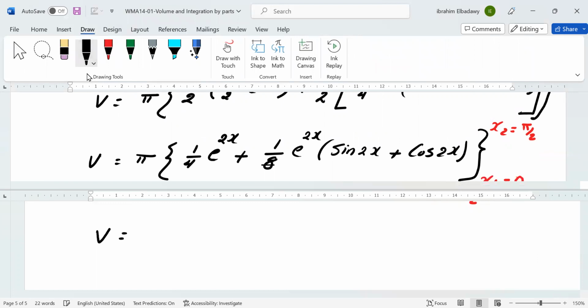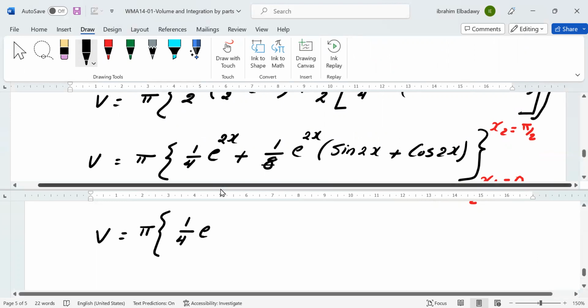Volume equals pi, open the bracket, quarter e power 2x, with x equal to pi over 2, it will be pi, plus 1 over 8 e power pi, open bracket, sine 2 times pi over 2, it will be pi, plus cosine pi.